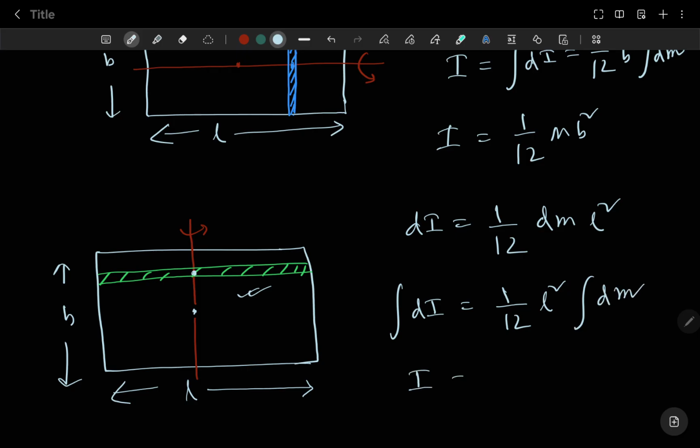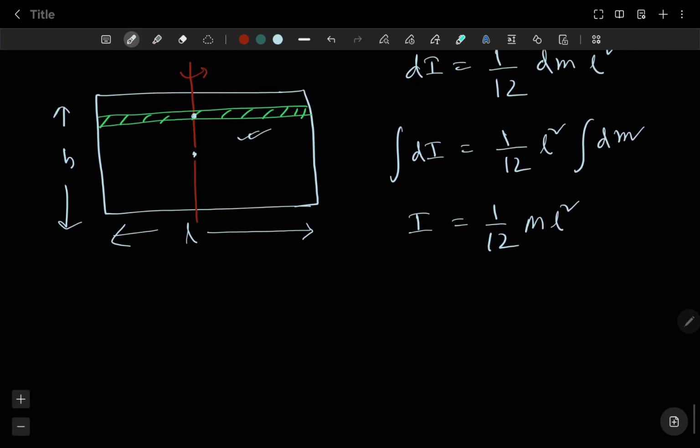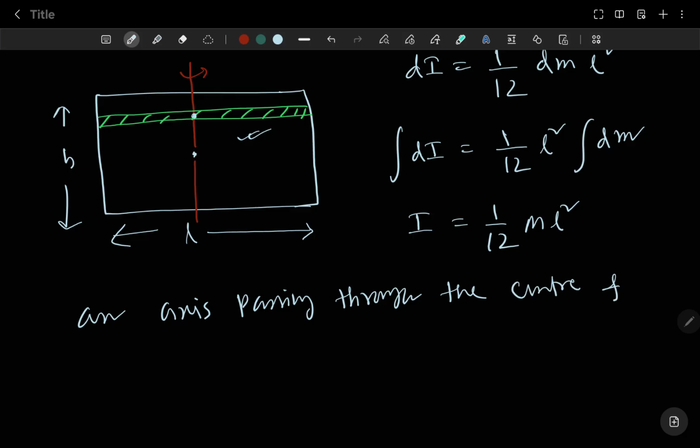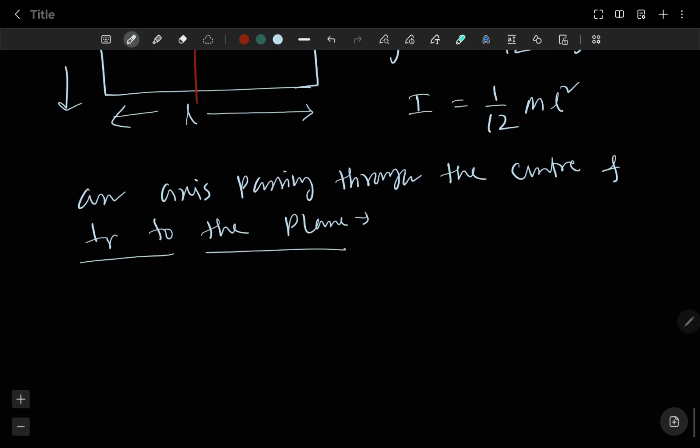So you will get 1 by 12 m l square. So if they ask you what about an axis passing through the center and perpendicular to plane, can you find it?